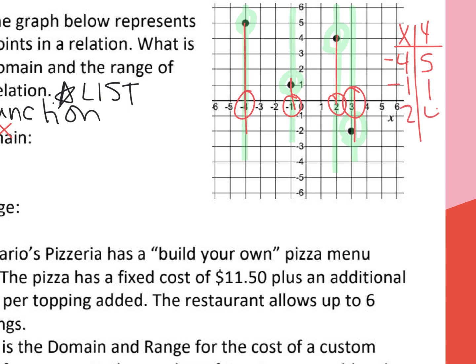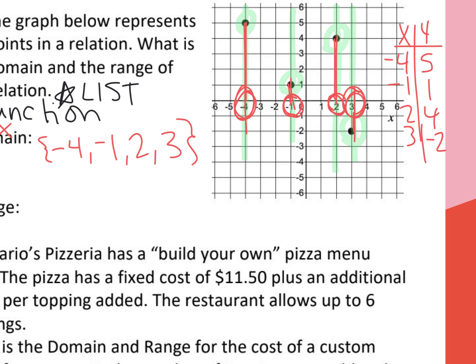We're at 2, 4, we're at 3, -2. So if you wanted to make a table, you could. Or you could just look at, all right, this dot is at -4 on the X. This dot is at -1 on the X, which is how we put it in the table to begin with. So you have a couple of options here, 2 and 3. Okay? So that's how you can do your domain.